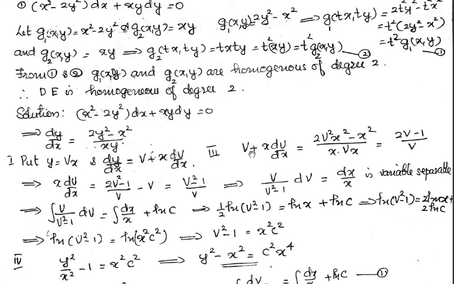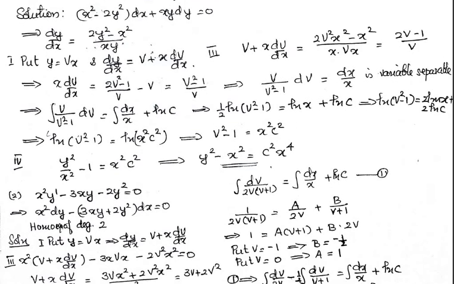So v plus x dv by dx is equal to, y is vx, so here v square x square minus x square by x into vx, equal to 2v square minus 1 by v, after cancelling the common factor x square.